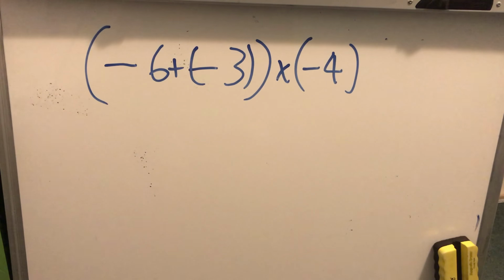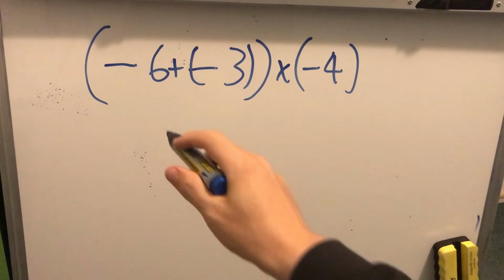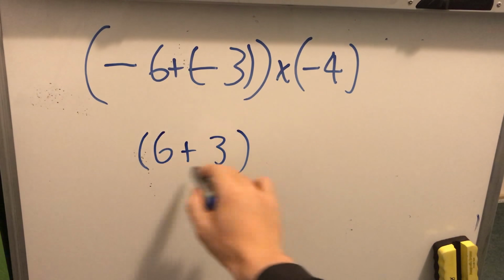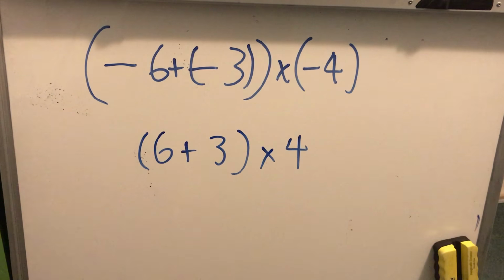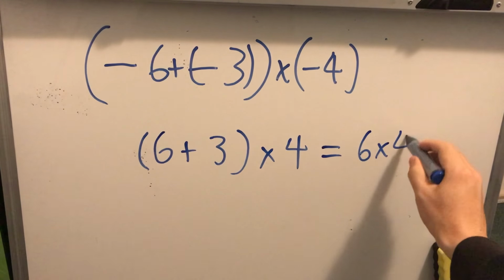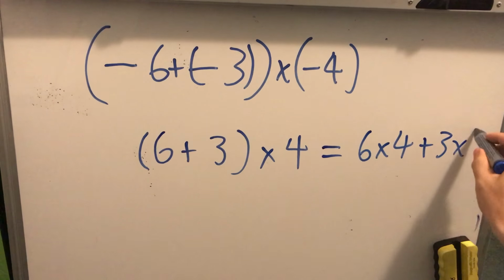So let me show this in a maybe more general way. It holds for 6 plus 3 times 4. We know that. So that's equal to 6 times 4 plus 3 times 4.